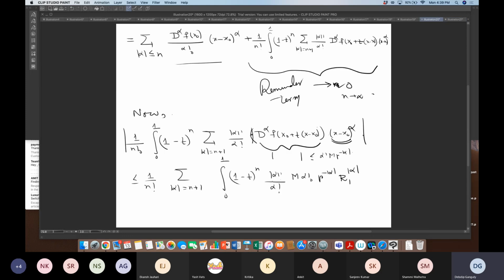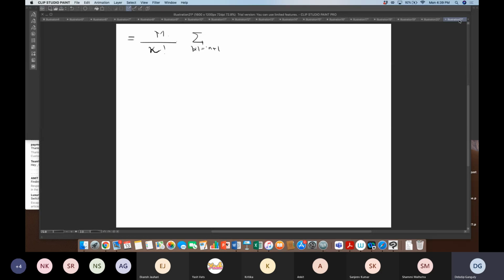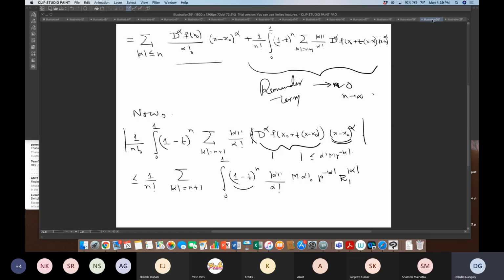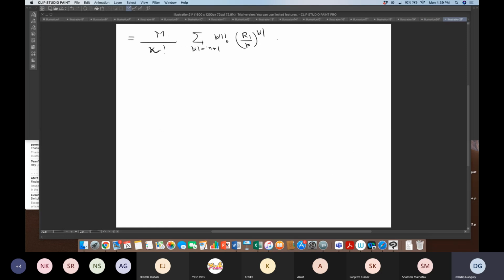Sorry, all these are alpha, it is all right. So mod alpha factorial, and I will be getting r1 by r to the power mod alpha. This r1 will be clubbed. This alpha factorial times alpha factorial gets cancelled. Mod alpha comes out.